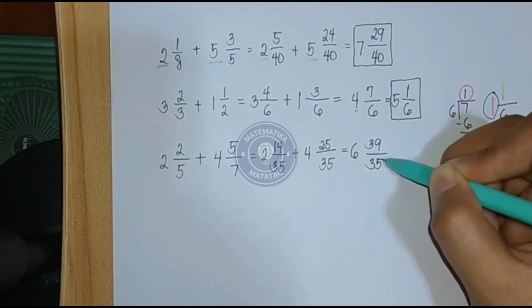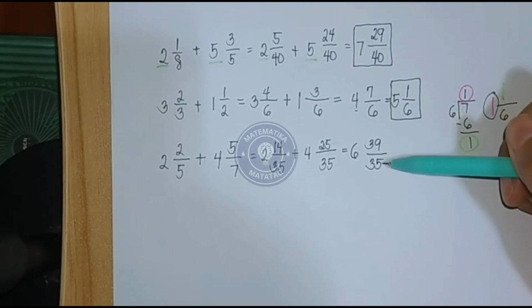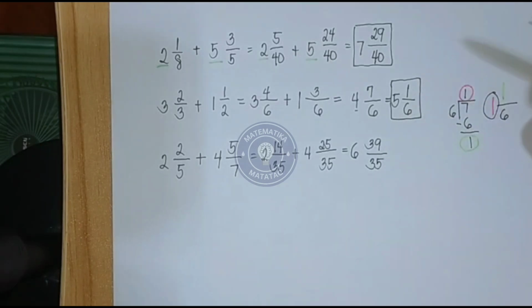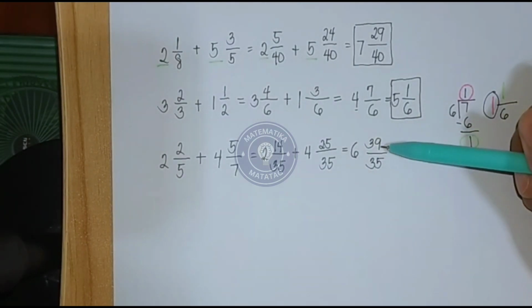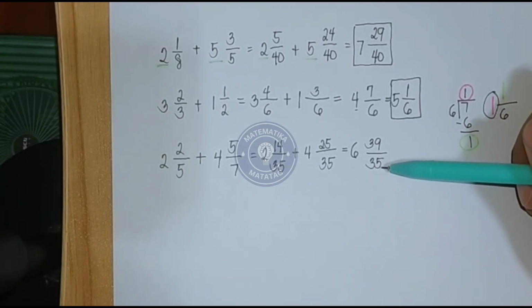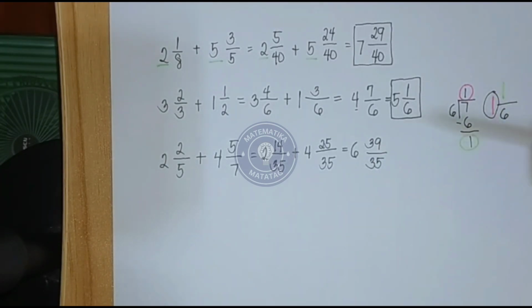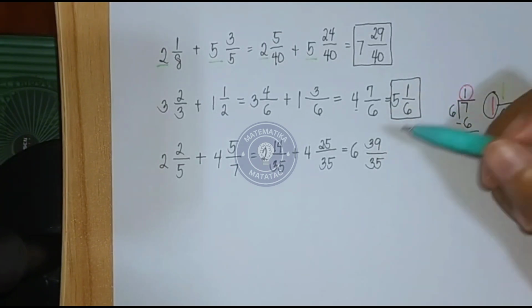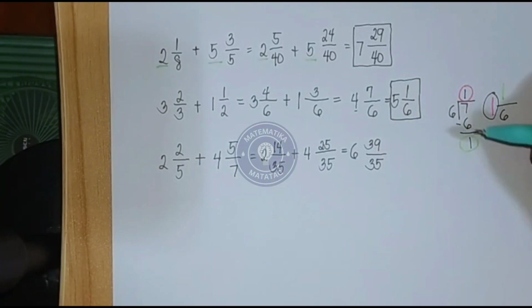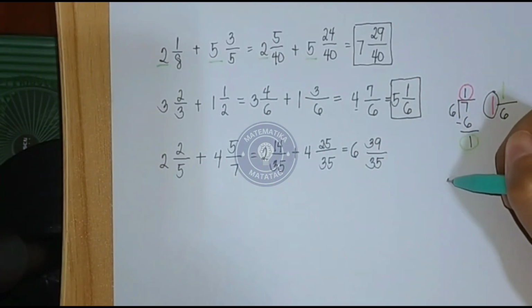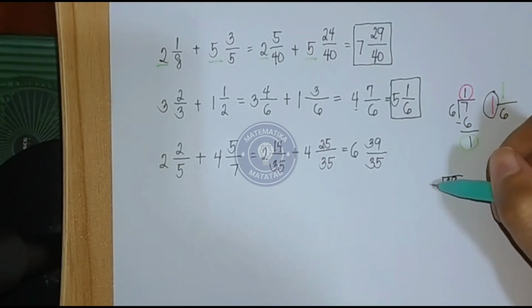35. So we have here an improper fraction again. When we say improper fraction, it means the numerator is greater than the denominator. So this time we're going to change this into a mixed number. Divide your numerator, 39 divided by 35.